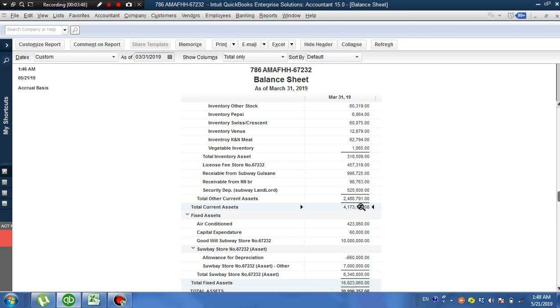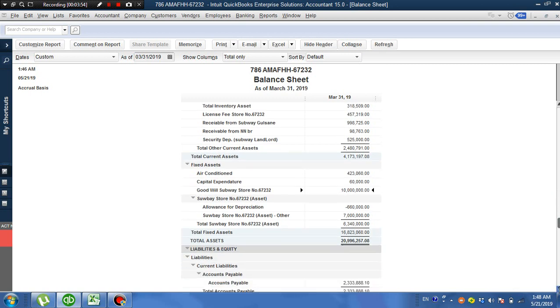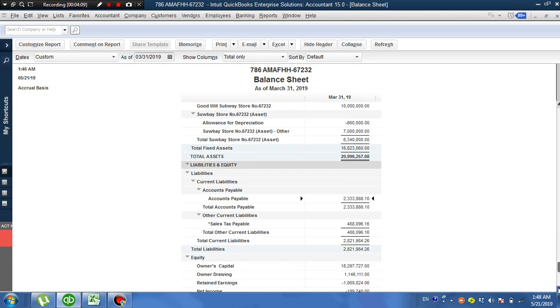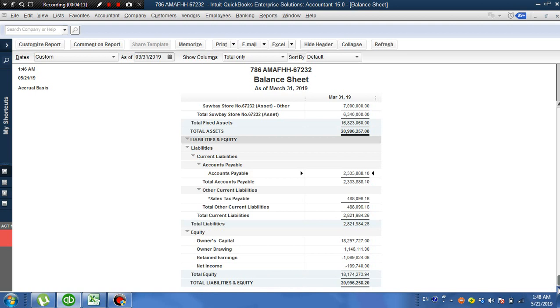Look at this total current asset and some fixed asset, allowance for depreciation, the store price, the goodwill of the restaurant, and so is the liability side. Look carefully at the liability side. Here is the sales tax payable, and here is the account payable.